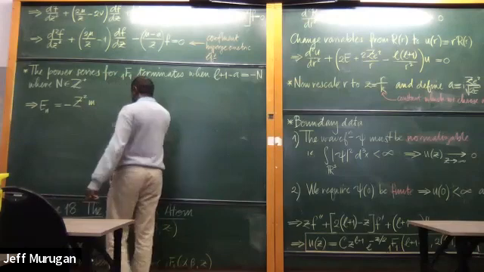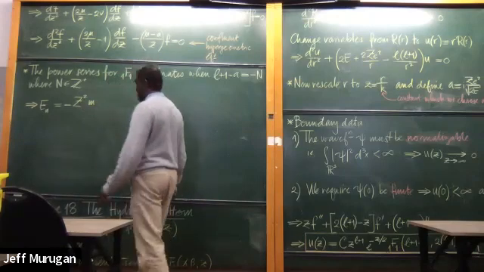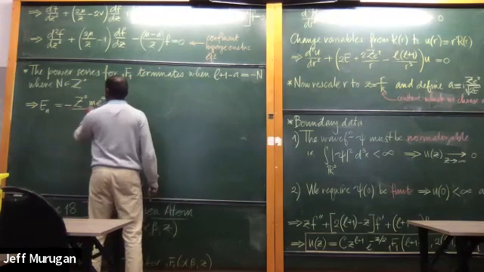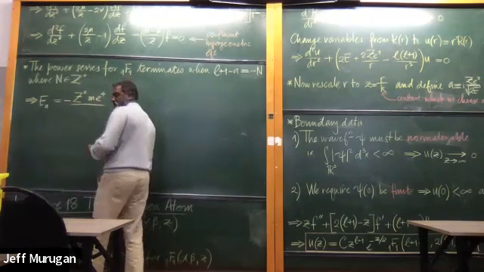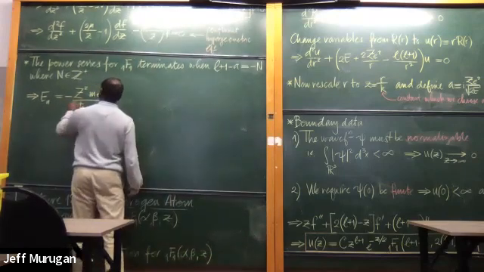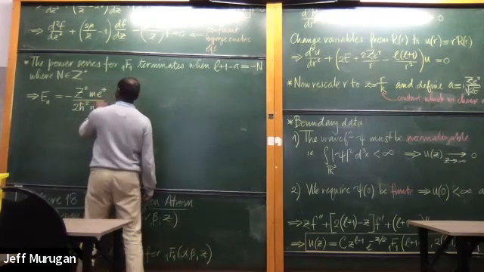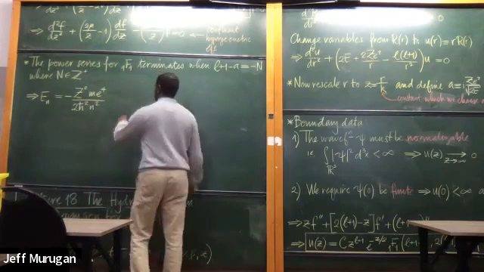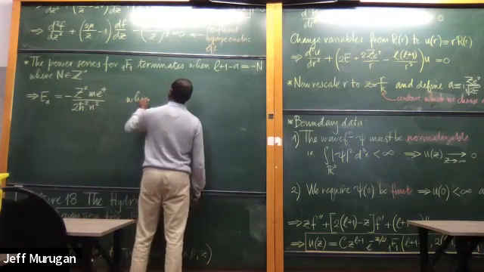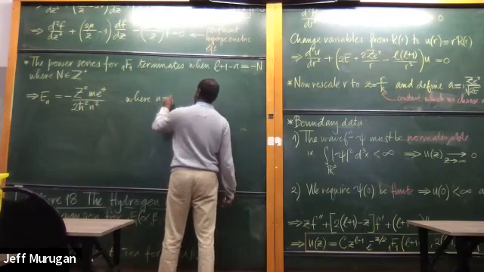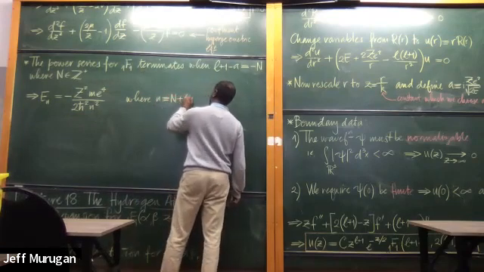I'm just reinserting various factors now. M e to the 4 over 2 h bar squared times n squared, where little n is capital N plus L.